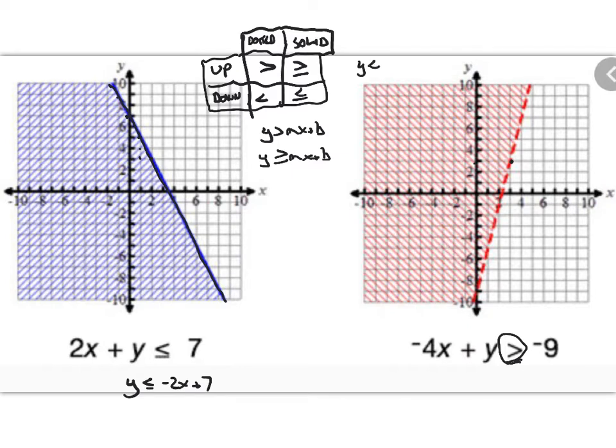If y is less than mx plus b, whatever the line is, it will be a dotted line, and every solution below that line will work. And y is less than or equal to mx plus b, there will be a solid line, and every point below the line is a solution. That's what I mean by will work, is a solution to the inequality.